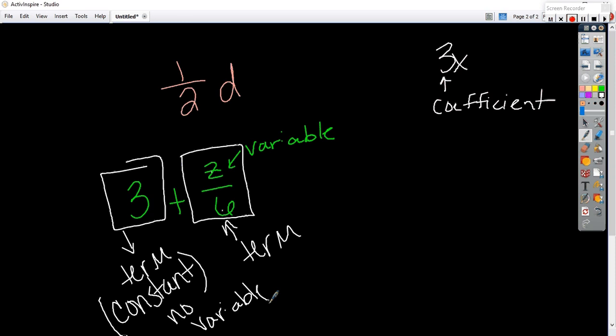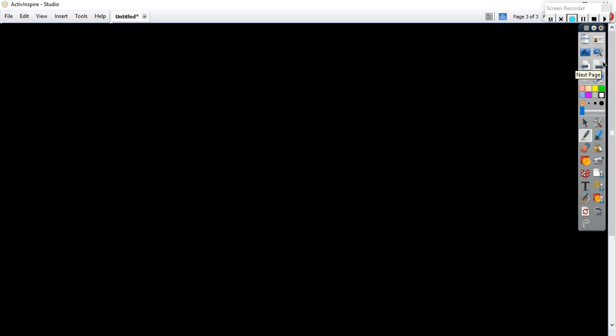Let's see then. Let me show you another type of term and see if you have seen this before. How about, it's an exponent. x cubed. Good job. So what do we call this number here that's being raised to something?